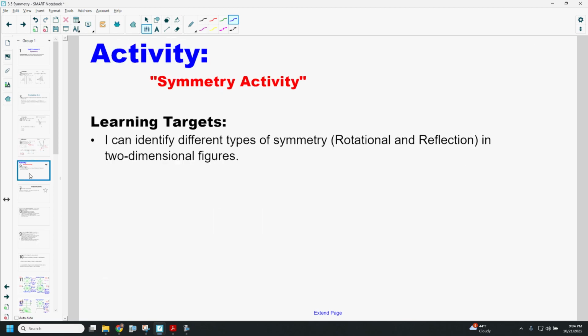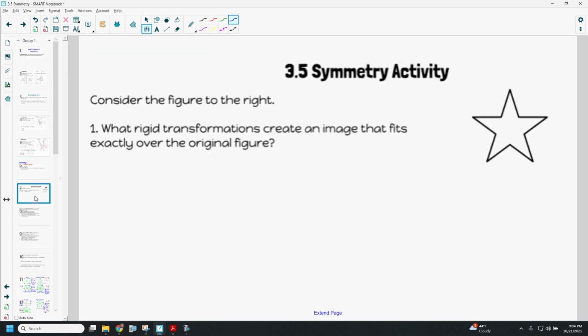What you looked at is a symmetry activity. You all should have been given a half sheet with a shape on, and you were supposed to identify what type of transformations occur. What we're looking for is what rigid transformations can create an image that fits exactly over the other. What we're looking for in symmetry is creating something that if you do it to it, you can't tell it actually happened.